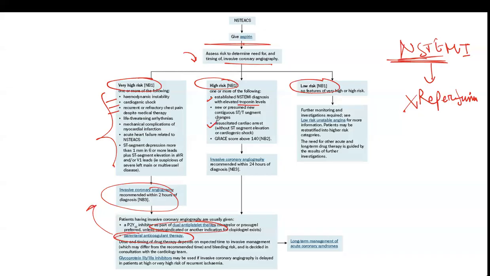The patient was resuscitated, that means the patient went into cardiac arrest. Or you can see that the ST is changing. So initially it was non-ST elevated MI, but now you can see that their ST is getting elevated. That patient will need a coronary angiogram within 24 hours.